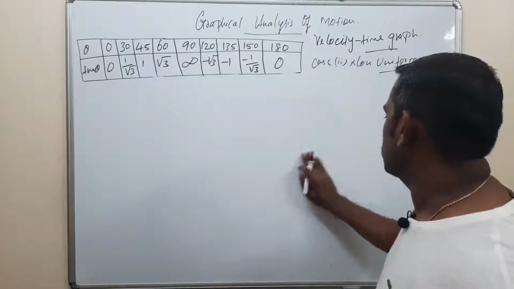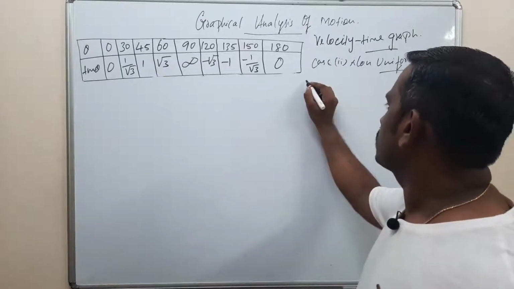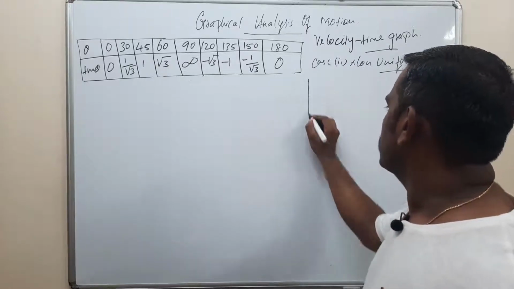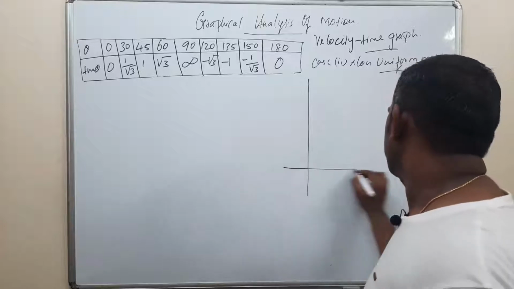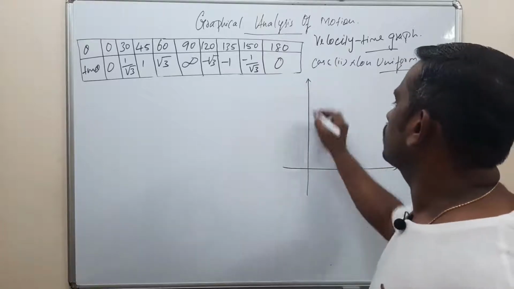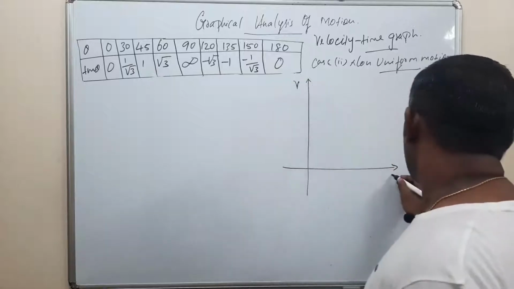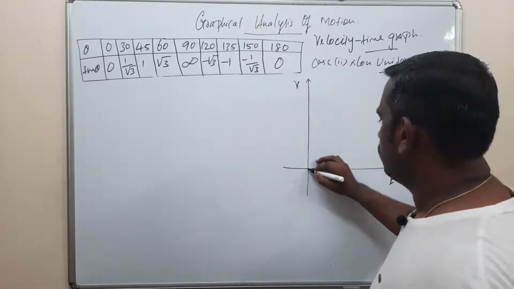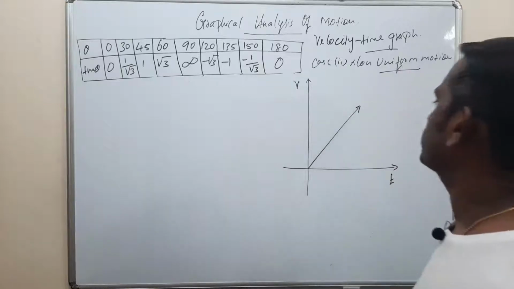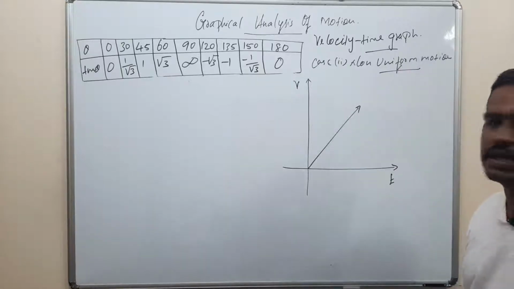First, the velocity time graph. As time increases, velocity increases.